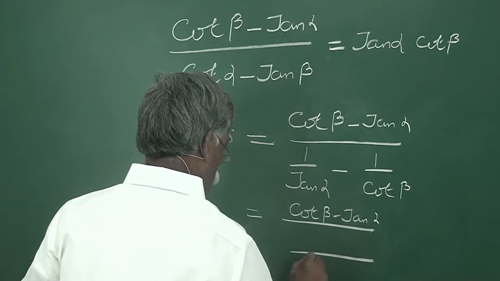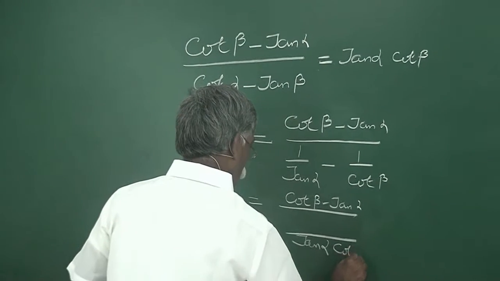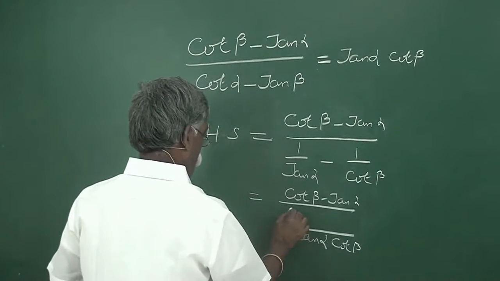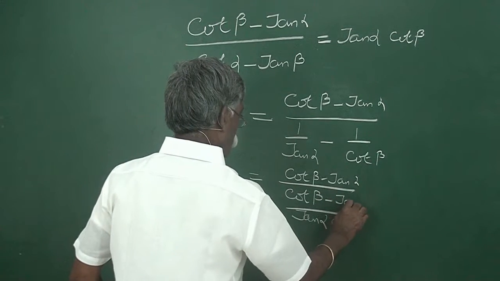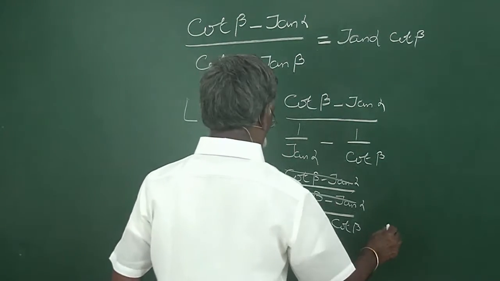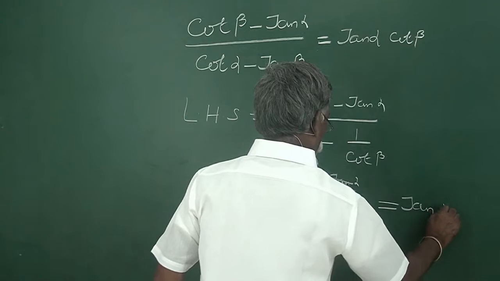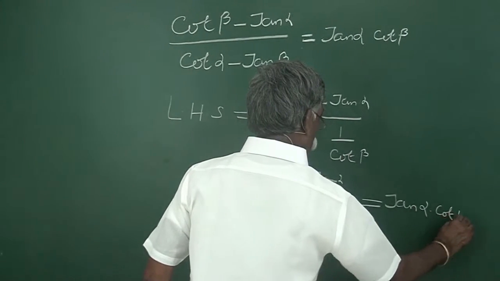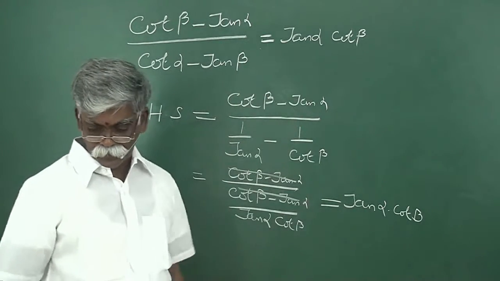In the denominator the LCM is tan alpha into cot beta. Here we will get cot beta minus tan alpha. These two get cancelled. Therefore the remaining answer is tan alpha into cot beta, which is the RHS.